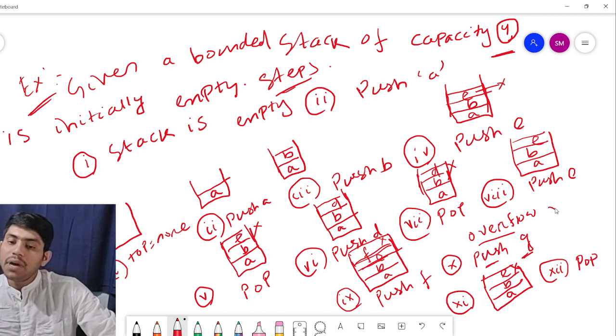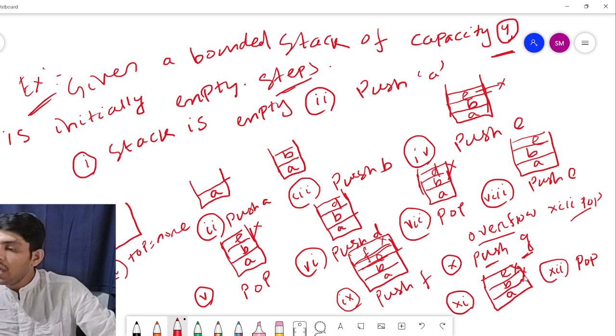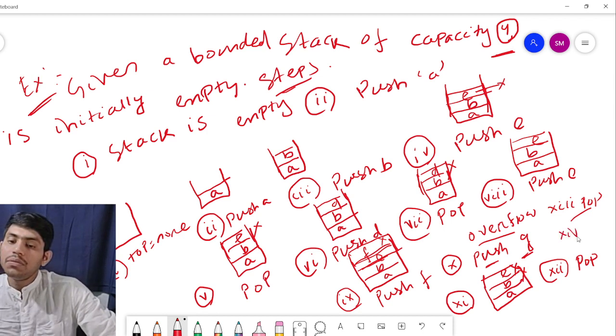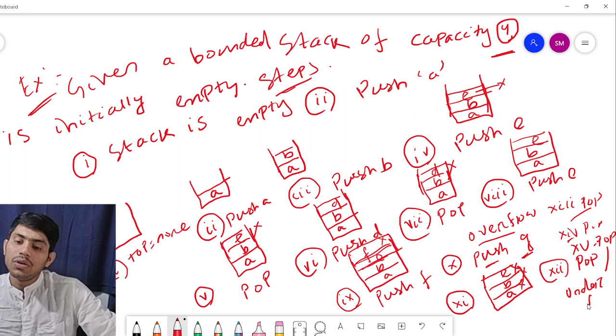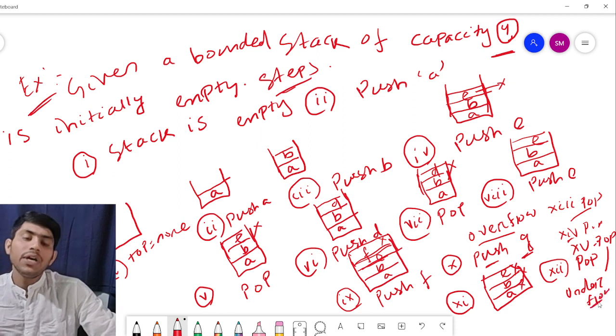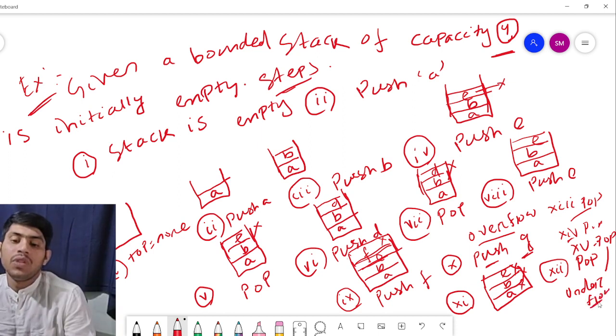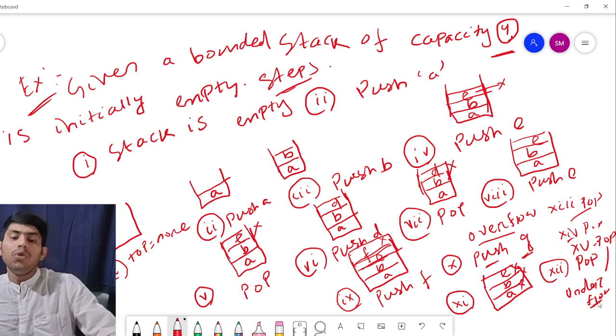In the 13th part, again pop, and B will be removed. In the 14th part, again pop, and A will be removed. In the 15th part, again pop. What will happen? Underflow. It will be called underflow.